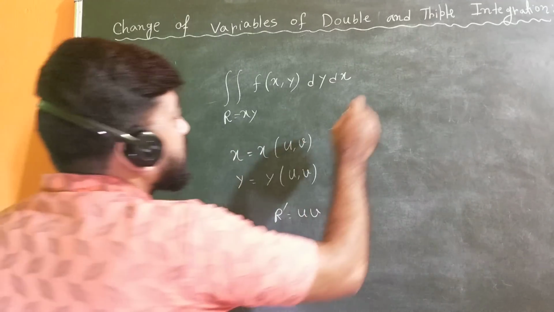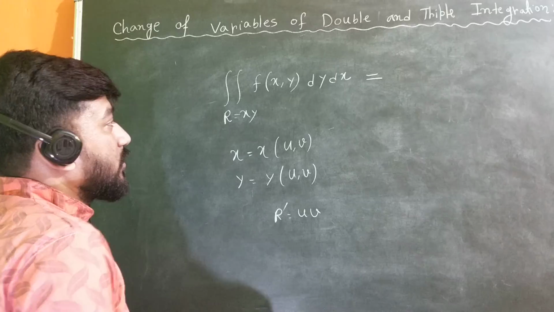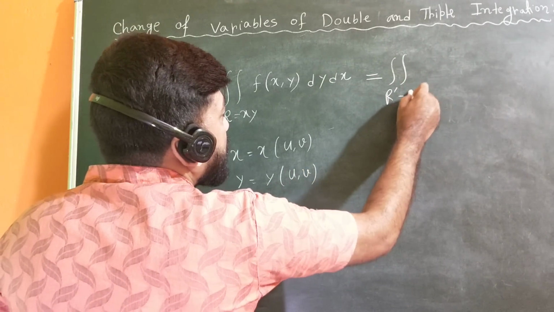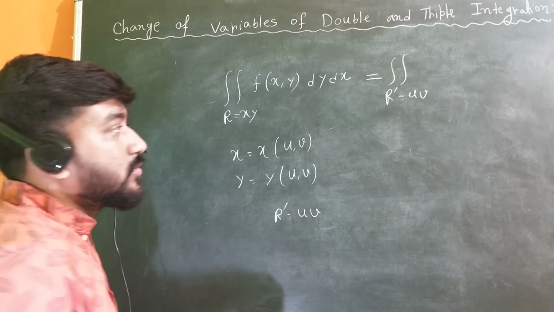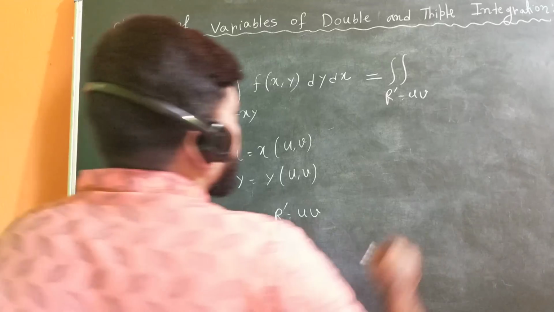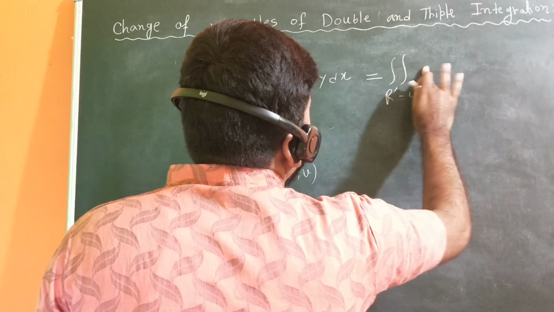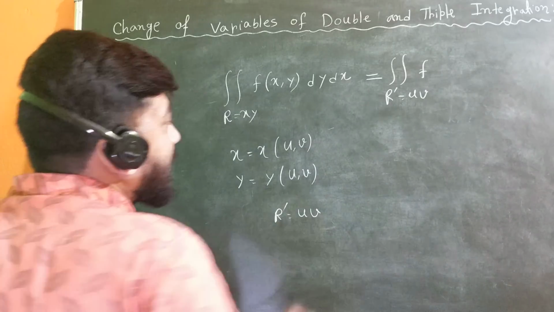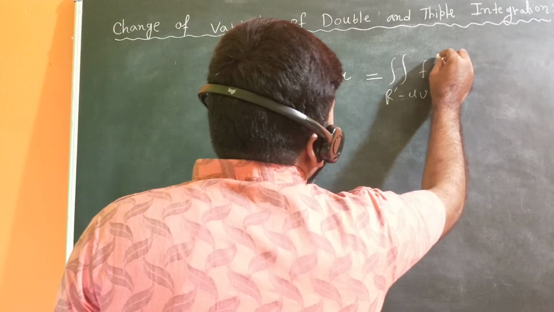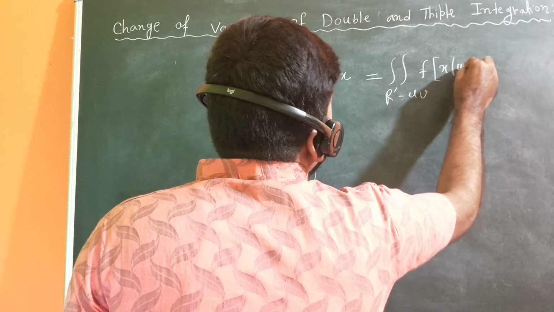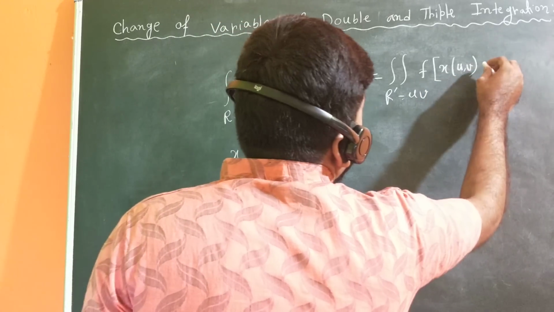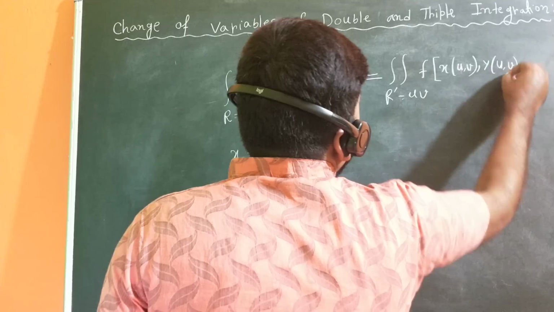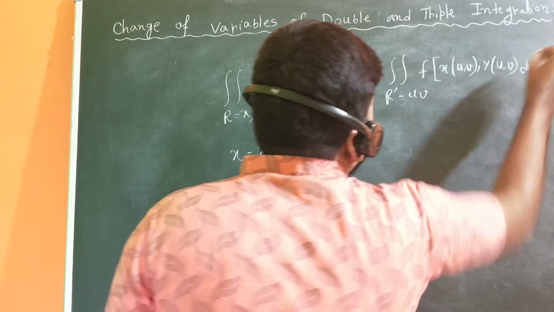So we now have to do this integration on the R dash plane, that is obviously uv. What will be the form of this integration? It will be f of x of u, v and y of u, v, and also du dv. So we get this kind of thing.